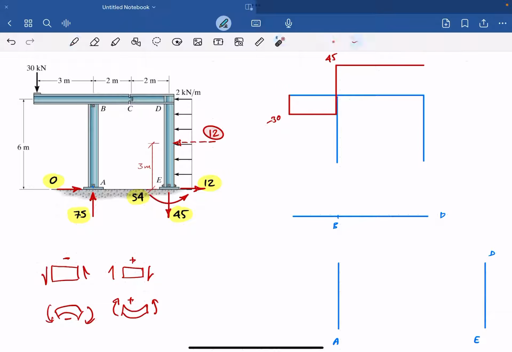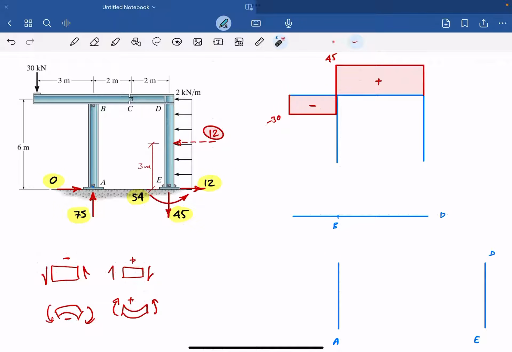There we have a 45 that will take us down, so this 45 will go to 0. So we started from 0 and came back to 0 again. The shear under this part is negative, and here it is positive. Now, we can draw the bending moment directly for that part, but we can also keep it for the end. Let's continue with the shear and then draw the moment at the end.